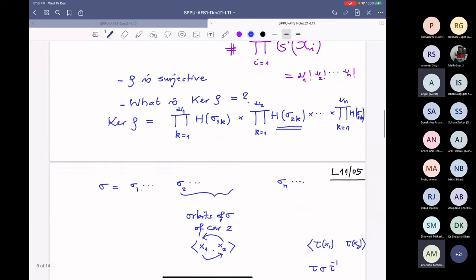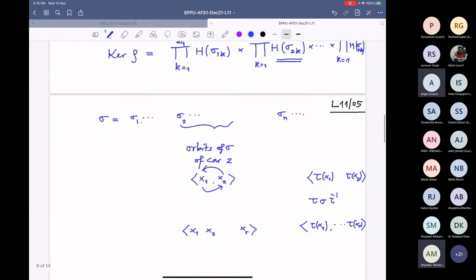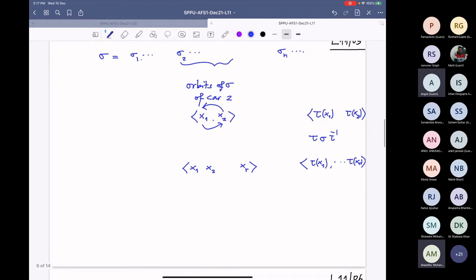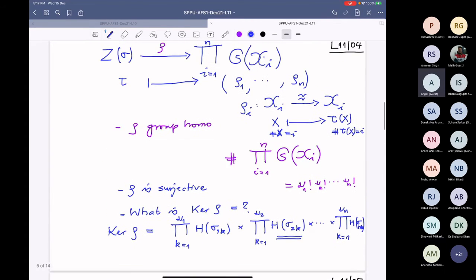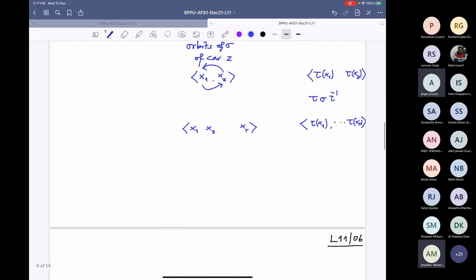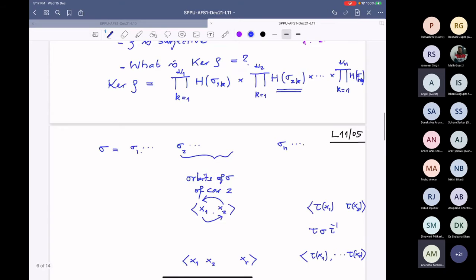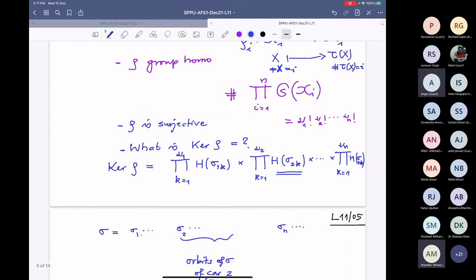If you take this permutation, these cycles, they are only permuting. And where will they go? As orbits, they will go to the same. Isn't this set same as this set? So therefore the orbits are going to the same. So therefore these guys are in the kernel.